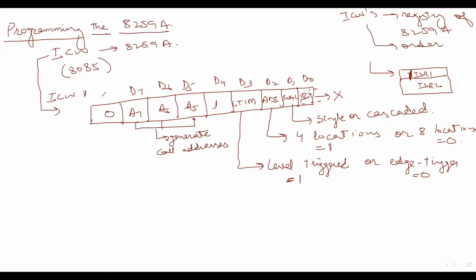And this particular bit is basically A0. In this particular device, only when this pin is 0 do we use the 8259A. So it is almost every time 0.